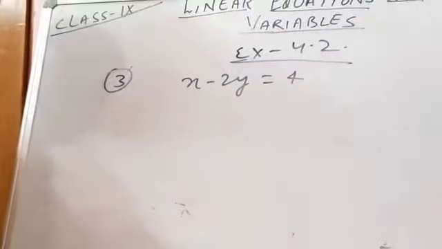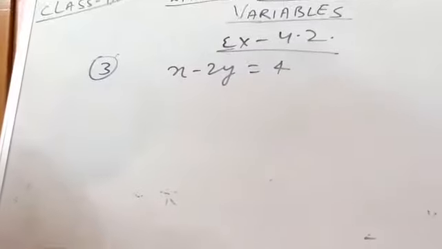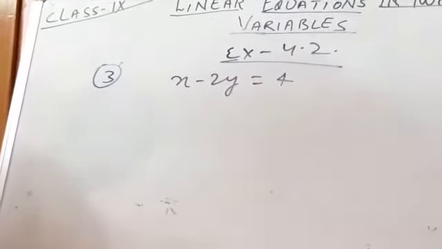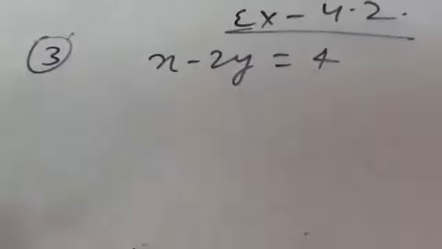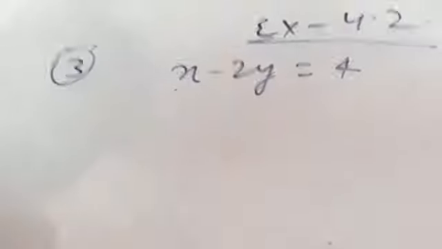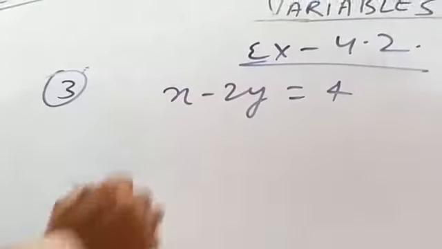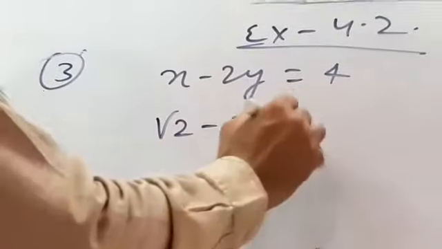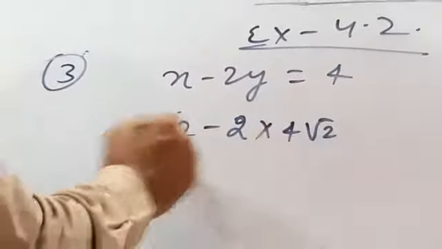So the first is not a solution. The second one, (2, 0), also is not the solution. Next, yes, the third is the solution. Just put the value and check. Like the fourth one: for x it is given root 2, so we write root 2 minus 2 into, for y it is given 4 root 2. Solve it and see whether it comes to 4 or not.